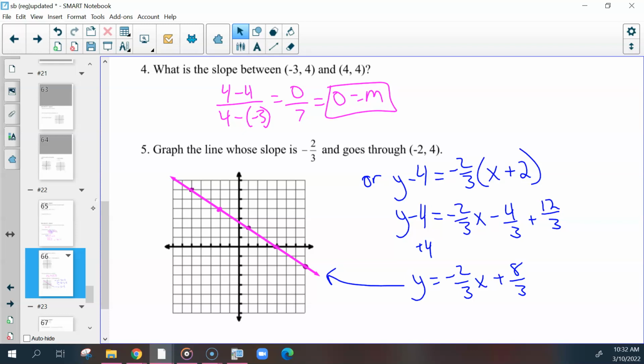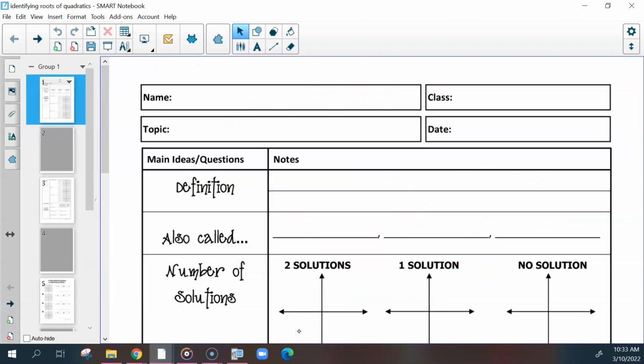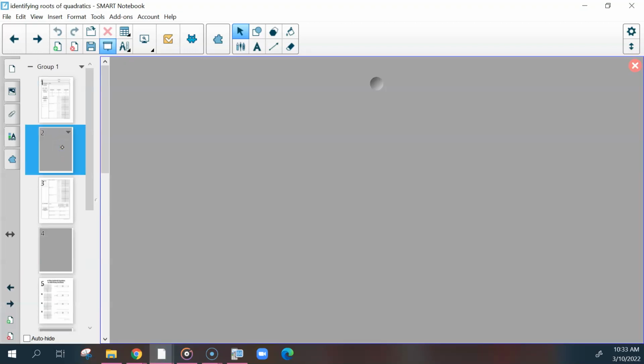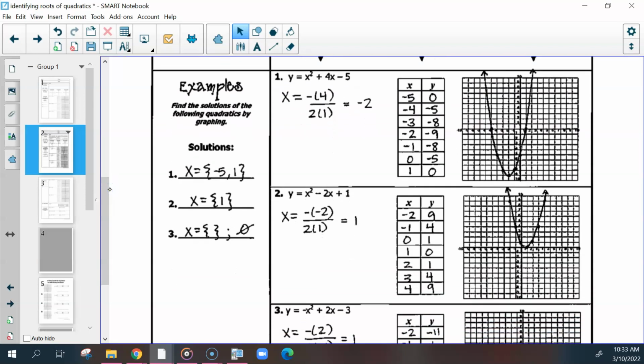Right. On those notes from last class, starting with number 1, I'm just going to read through your solutions. Also, these solutions are written differently than how we were. As long as you have these solutions, you're good.